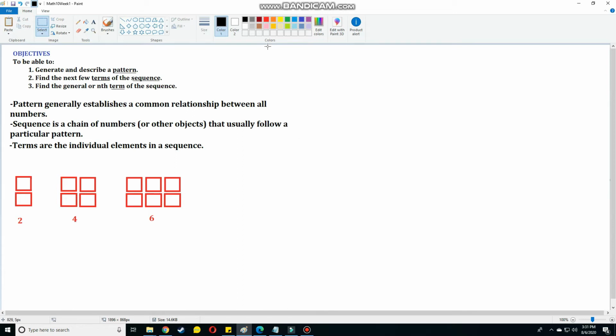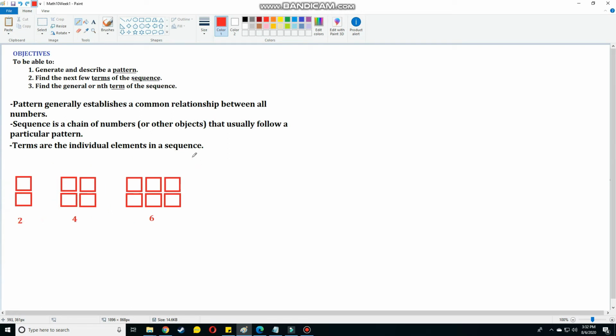Again, they are individual elements in a sequence. These boxes as one we consider a sequence, a sequence of boxes, and the individual elements are what we call the terms. So this one is considered a term, this one is another term, and this one is another term.